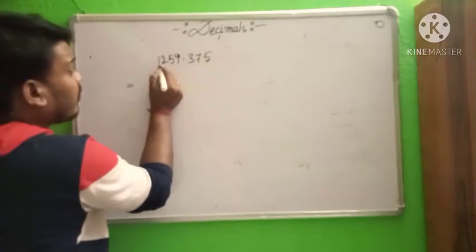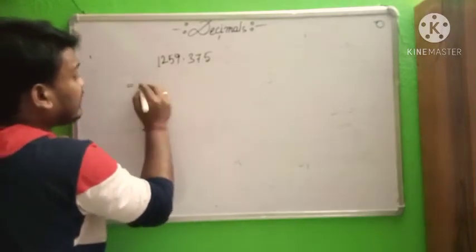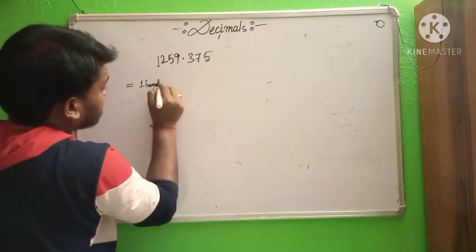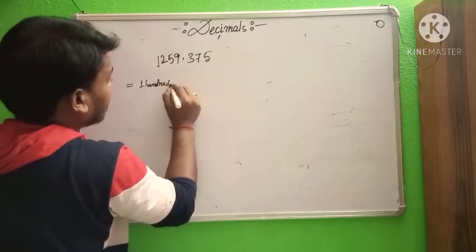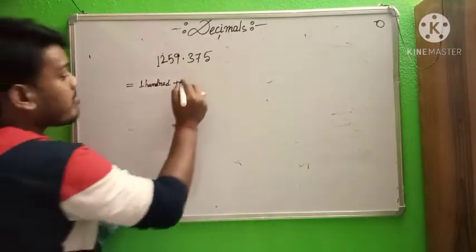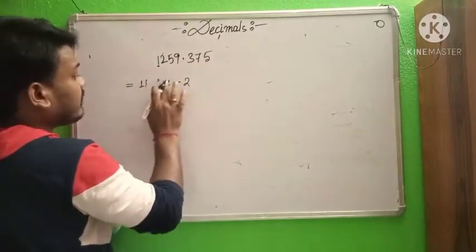So place values of this: the place value of 1 is 1000.